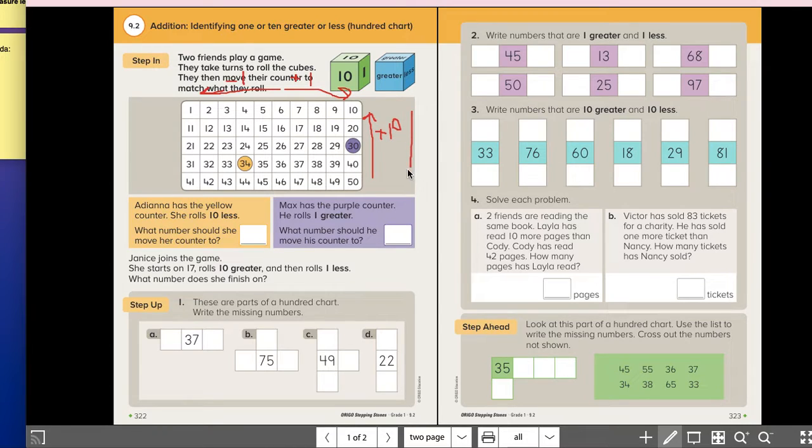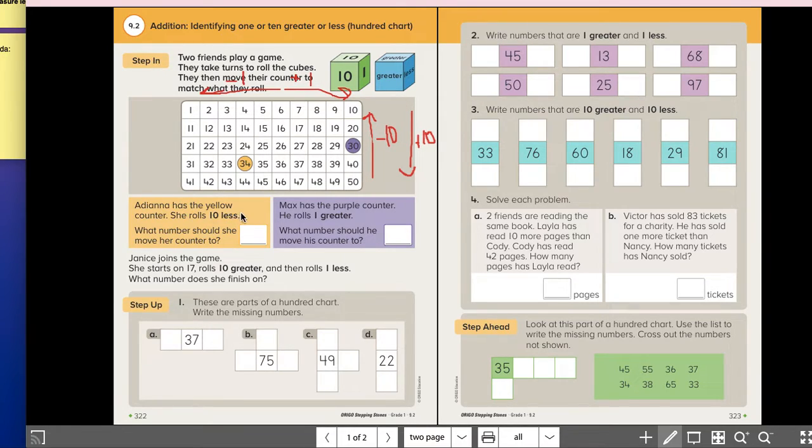If you move down, you're adding 10. If you move up the hundreds chart, you're subtracting 10 because your numbers are getting smaller. Okay, draw this on your book if you need to help you remember it. So going left, you're subtracting 1. If you're going right, you're adding 1, just like you would on a number line. If you're going up, you're subtracting 10 because your numbers are getting smaller. If you're going down, you're adding 10.